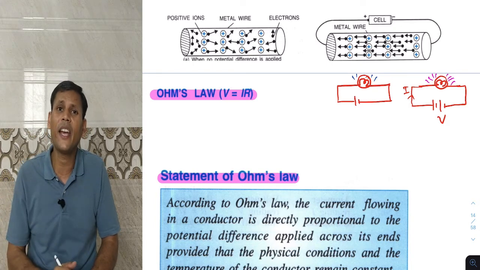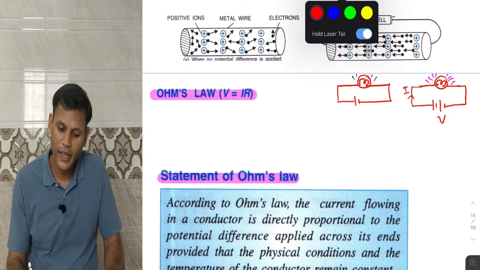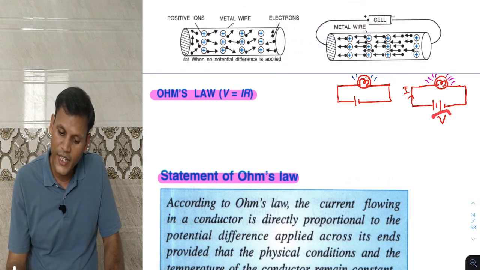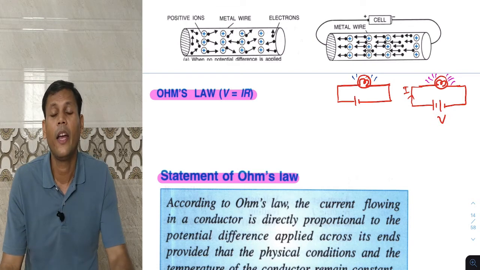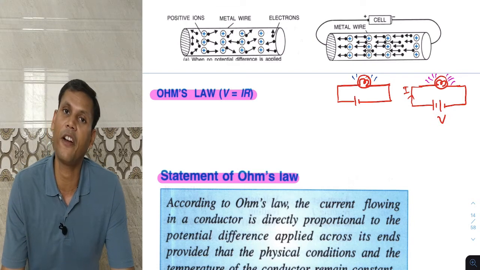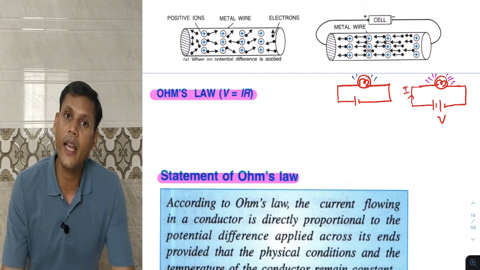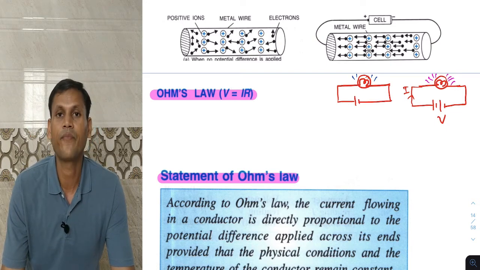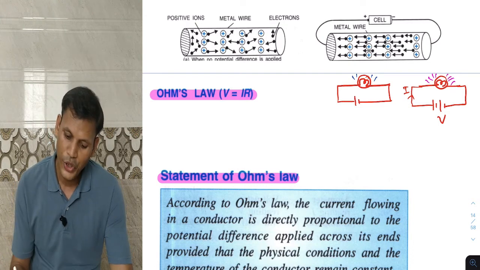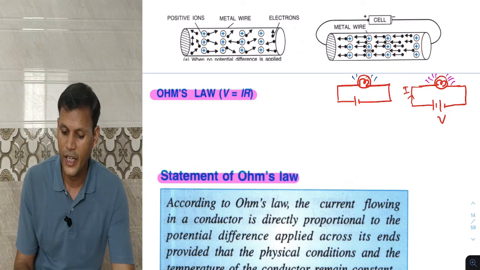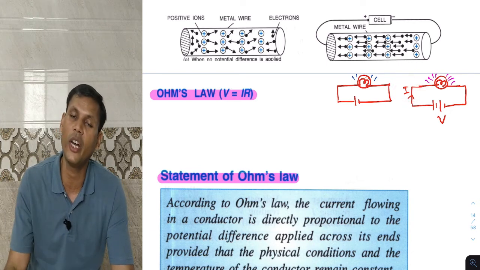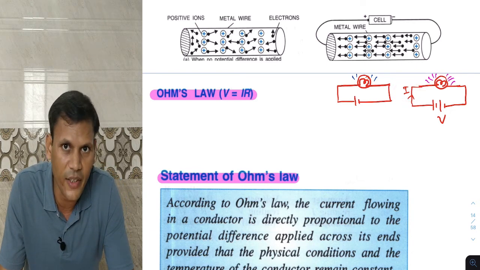So the statement we can say: if the physical condition of a conductor remains the same or unchanged, then the potential difference across the ends of the conductor is directly proportional to the current flowing through that conductor.